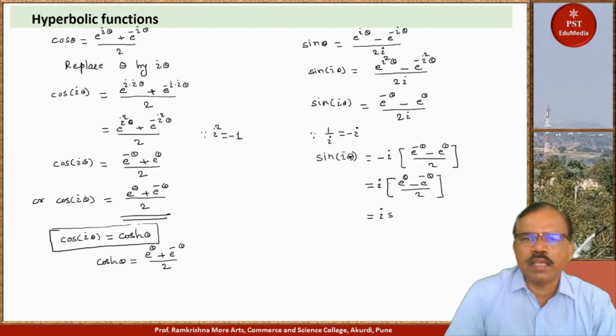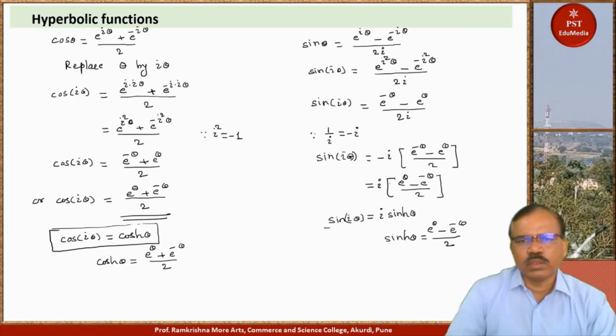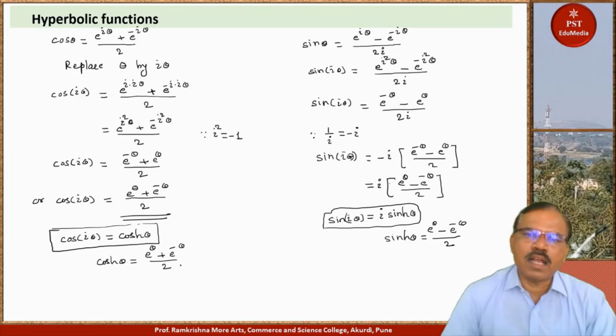So i sin hyperbolic theta is equal to sin i theta. And sin hyperbolic theta is e raised to theta minus e raised to minus theta upon 2. So here sin i theta is equal to i sin hyperbolic theta. So this is the second identity we got.